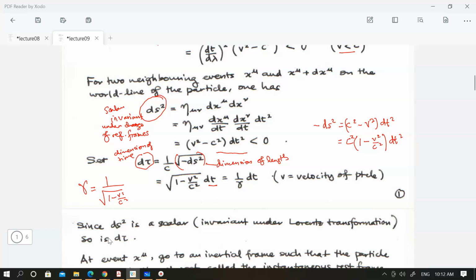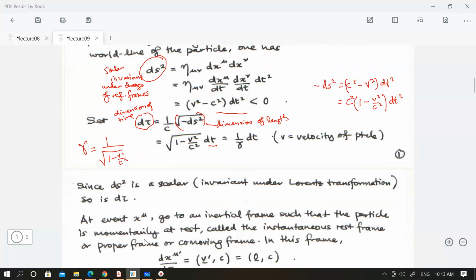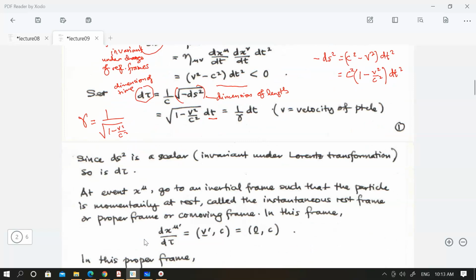So the parameter tau relates to your time coordinate by just this factor of the reciprocal of your relativistic factor. So we can use this to parameterize your curve, and then we can start defining things with respect to this tau parameter.